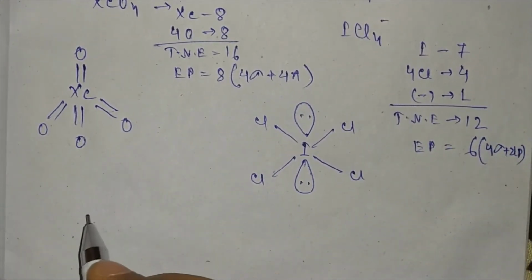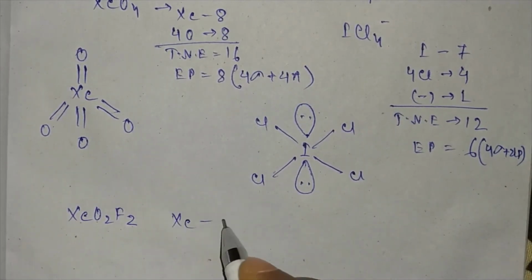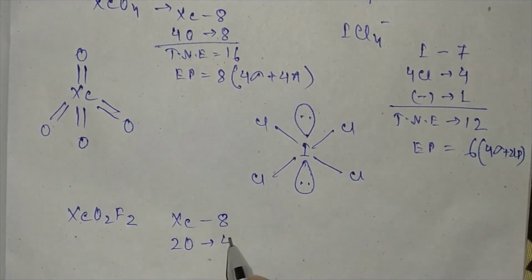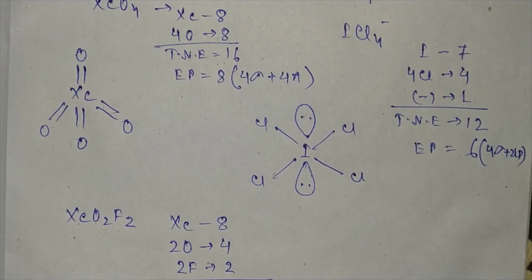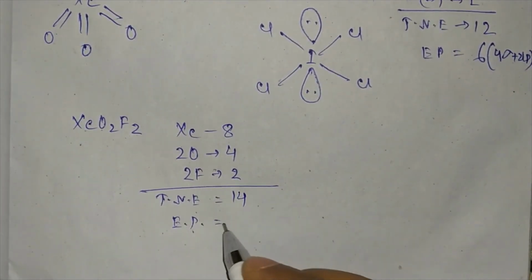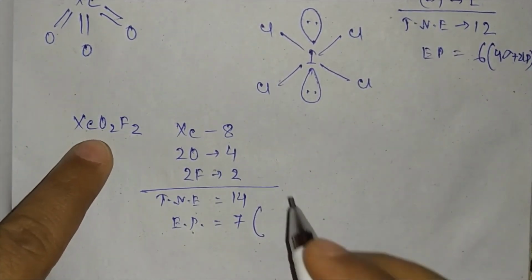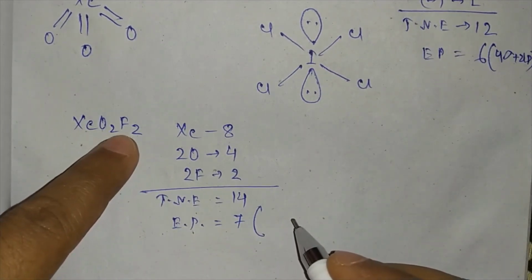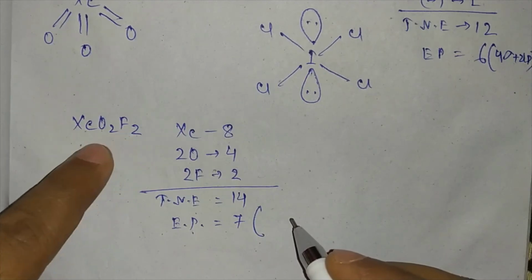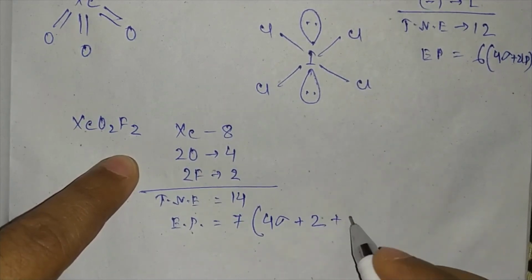Next we will come to XeO2F2. Xe has 8 valence electrons, 2 oxygens will give 4 electrons, 2 fluorines will give 2 electrons. So total number of electrons equal to 14. So electron pairs equal to 7. So for 2 oxygens we'll get 2 sigma plus 2 pi, and for 2 fluorines we'll have 2 sigma. So total 4 sigma plus 2 pi, and 1 lone pair.